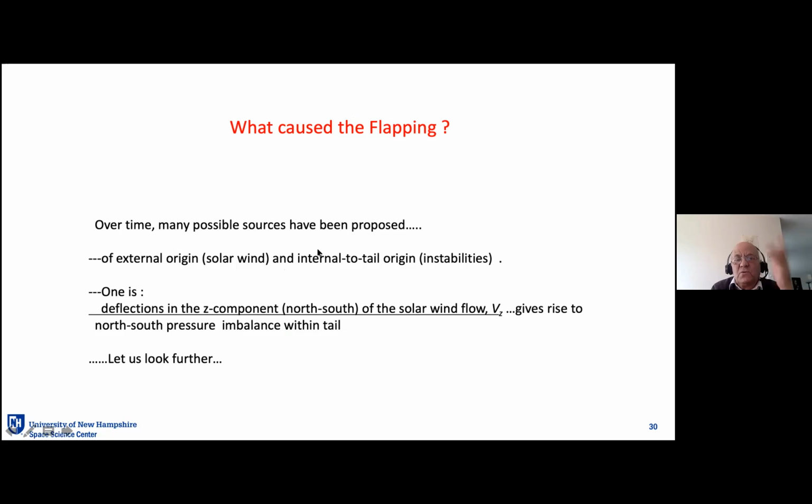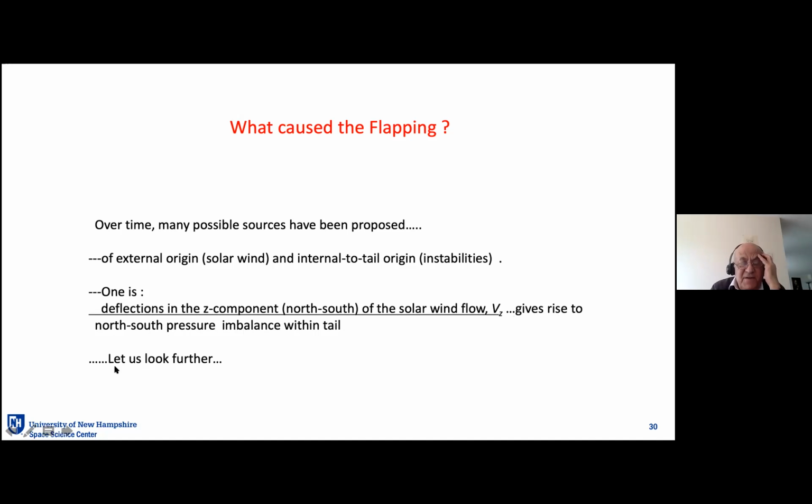Then they went into internal-to-tail origin instabilities for many years, but then this external origin returned. One of these external origins is deflections in the Z component of the solar wind flow. Why? Because this gives rise to a north-south pressure imbalance within the tail, which can cause the tail to flap.